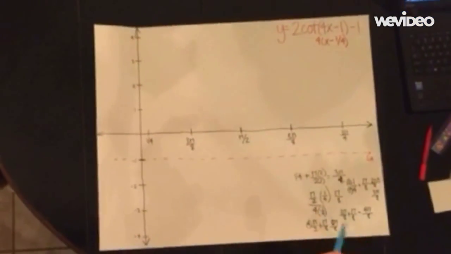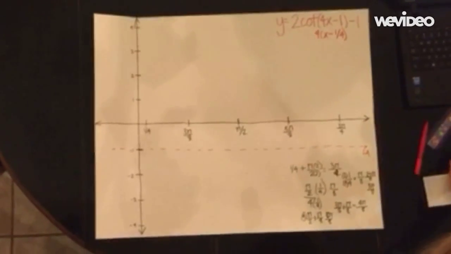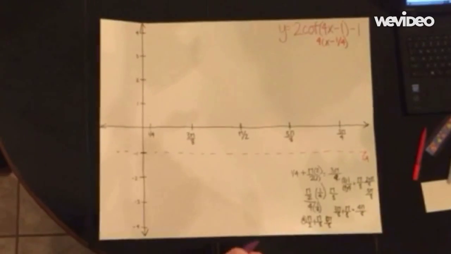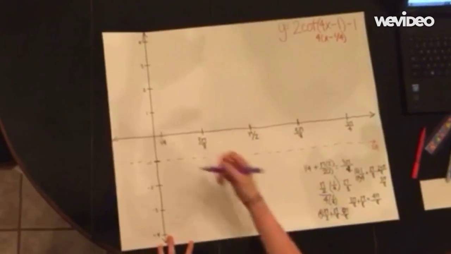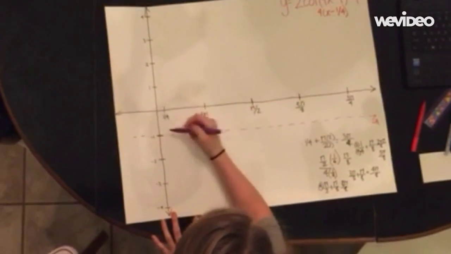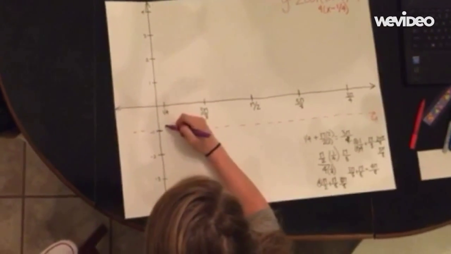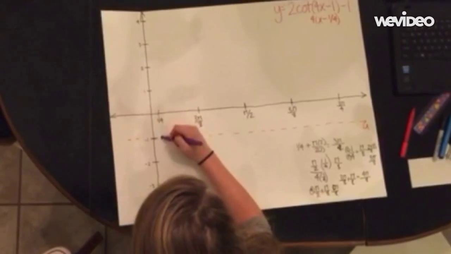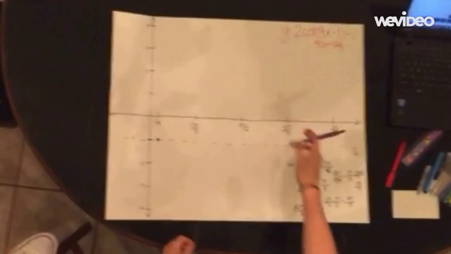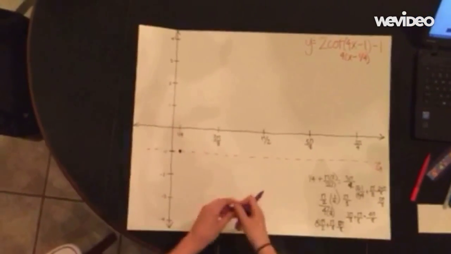So the next step is you have to graph your sine function, and you know that your first point is going to be at h comma k for a sine graph. So the first point is going to be at 1/4, and it starts here. So it's going to be at 1/4, -1. And it's positive, so you go up, and the amplitude is 2, so you're going to come all the way up to 1.